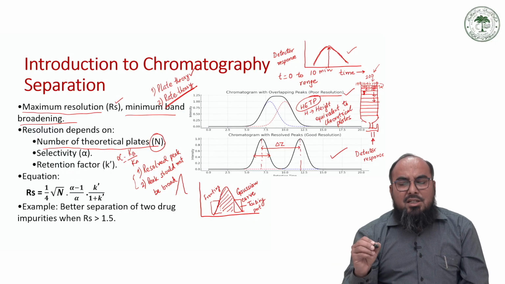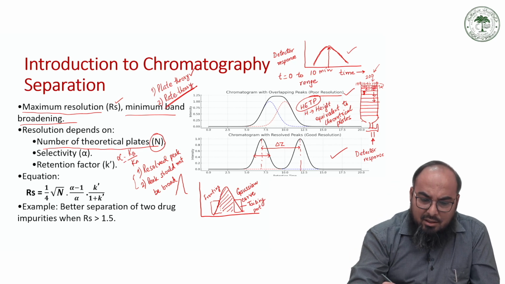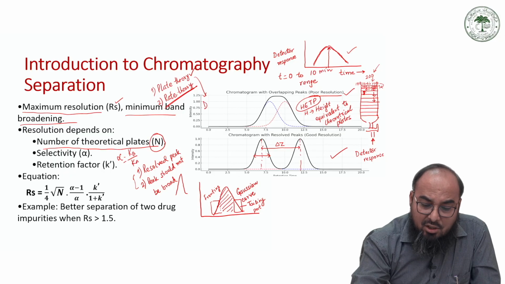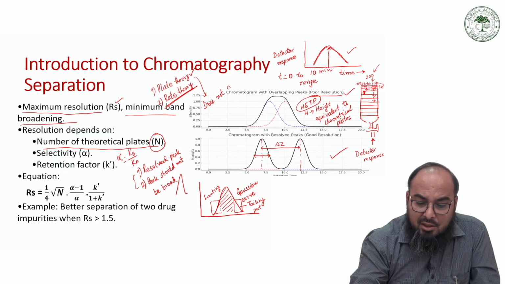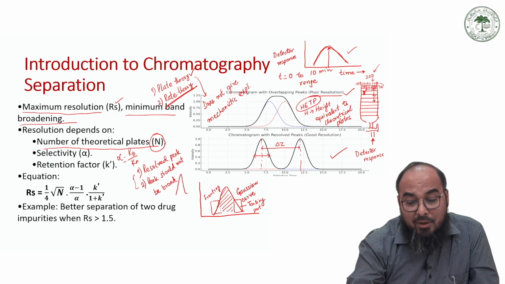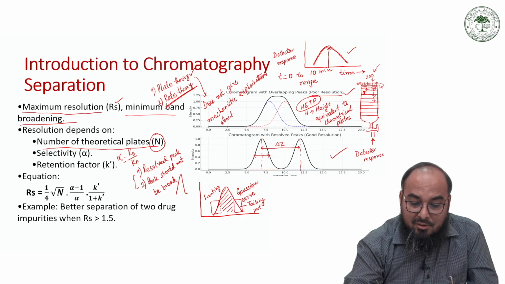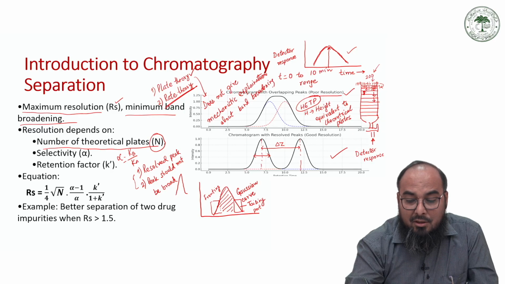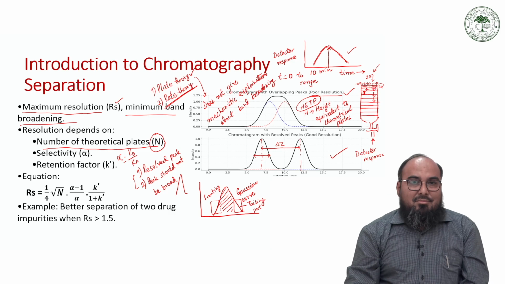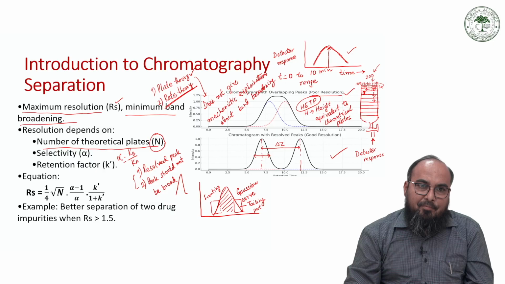But one important reason for rejecting this plate theory was that plate theory does not give a mechanistic explanation about band broadening, that is, about the resolution, because band broadening is related to the resolution of peaks.